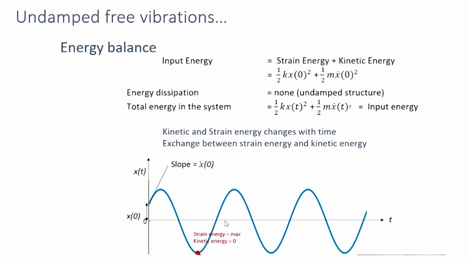Again, when it moves back here, we have maximum kinetic energy and 0 strain energy because displacement is 0. Again here, since velocity is 0, kinetic energy will be 0, but strain energy will be maximum. So throughout the vibration, there will be an exchange between strain energy and kinetic energy.